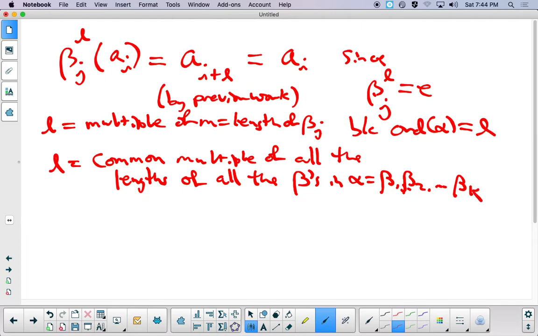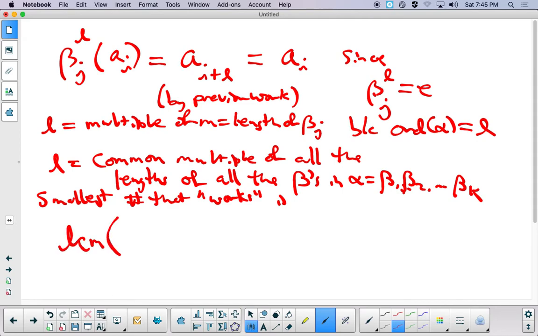Well, the first and smallest place where you can get a common multiple of all of them, so the smallest number that works, is the least common multiple of the lengths of all the betas.